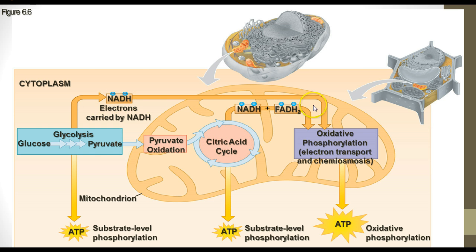And these energy electron-carrying molecules travel to the electron transport chain where they undergo oxidative phosphorylation to produce lots more ATP. And this is the main energy producing part of the process.